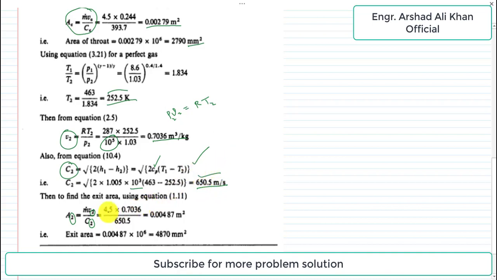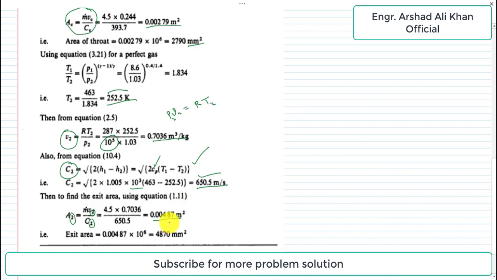Now using the continuity equation to find the cross-sectional area at exit, A2 is equal to m dot V2 by C2. m dot is 4.5 kilogram per second, V2 is 0.7036 cubic meter per kilogram and C2 is 650.5 meter per second. Simplifying this, we get 0.00487 square meter.